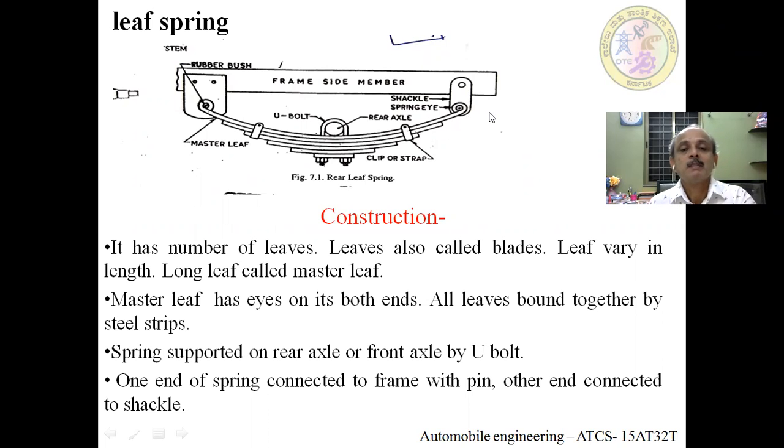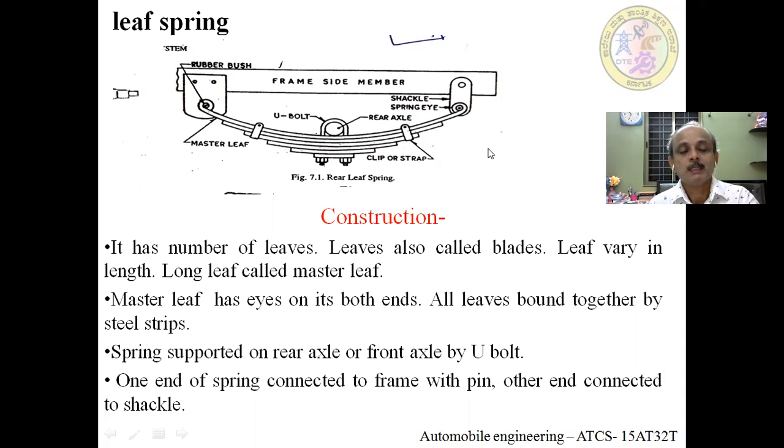The main parts are, we can see, frame side member, next is shackle and spring eye, rear axle, U-bolt, clip or strap, and it has master leaf also.